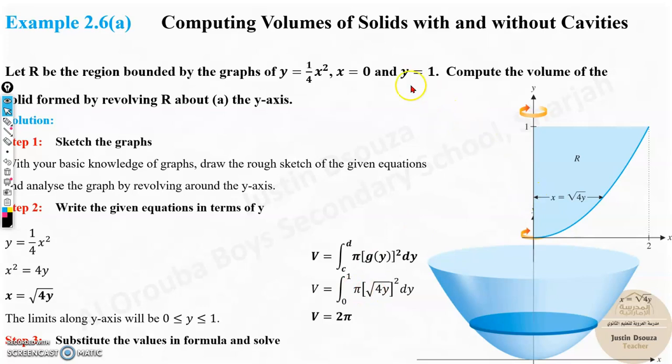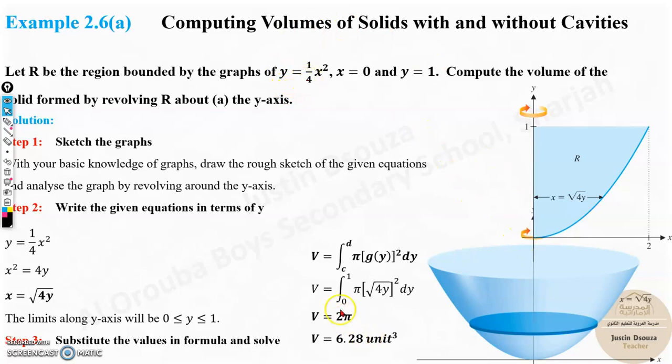If x is 0, this is the point, so obviously y also starts from 0. So the starting limit is 0 and the ending limit is 1. This is the formula from the last topic of the disks, and this is how we get it. But now let's see the next type.